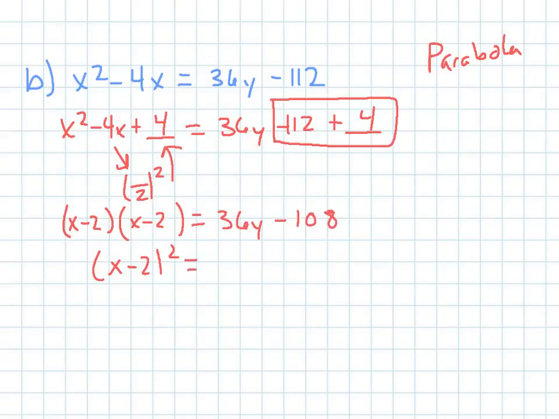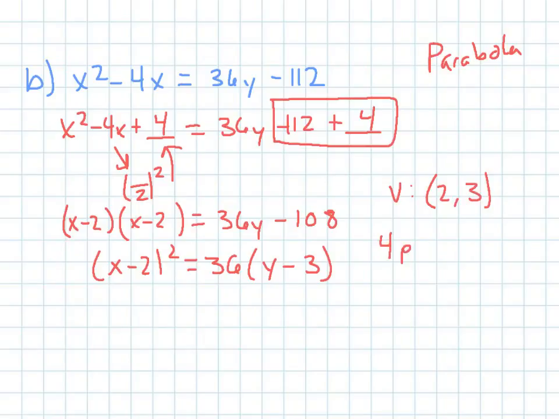Okay, now on the right side I do need to factor so I can figure out what my 4p is and also what my value for the vertex is for the y. So I can take out a 36, and so if I factor out 36, that leaves me with y minus 3. So now I got my vertex, so it'll be 2, 3 for this one.